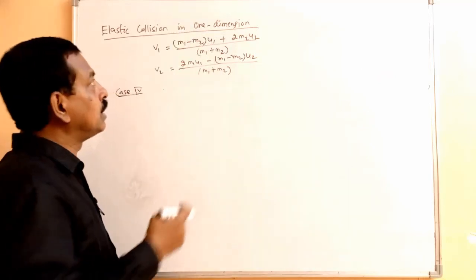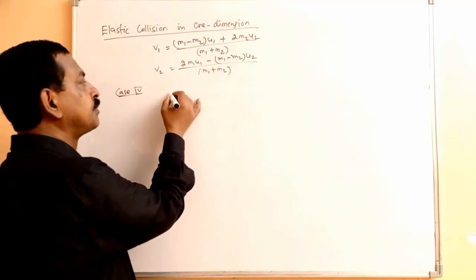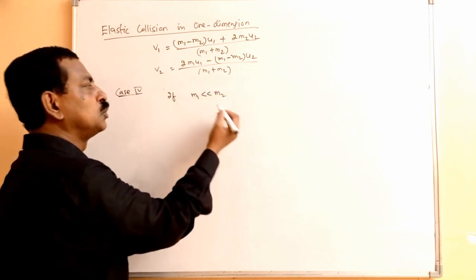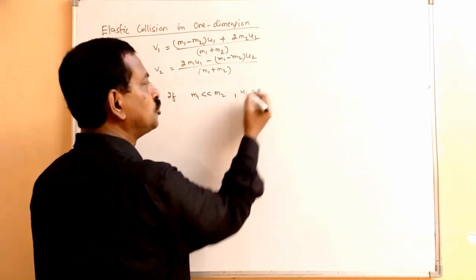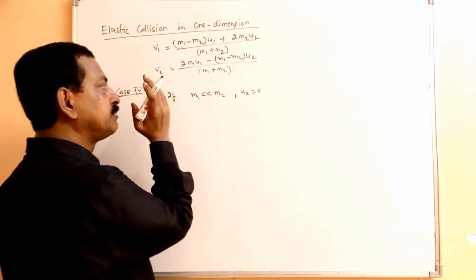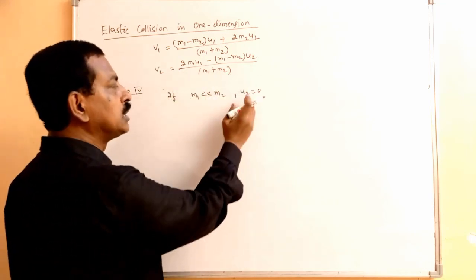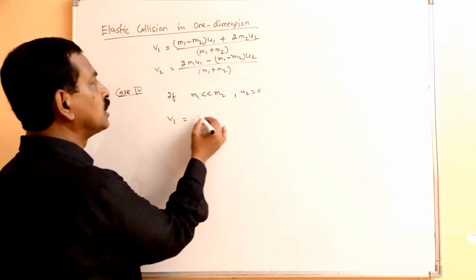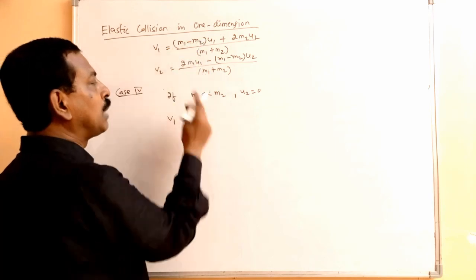Let's now take a fourth case. If m1 is very small as compared to m2 and u2 is 0. So this time the first body has very small mass as compared to the other one, and the second one was at rest. So v1, if you consider, which was m1 minus m2.